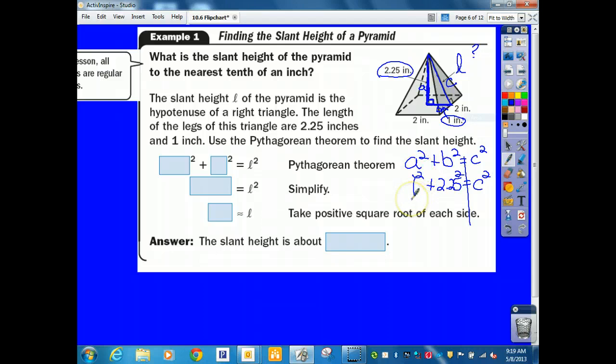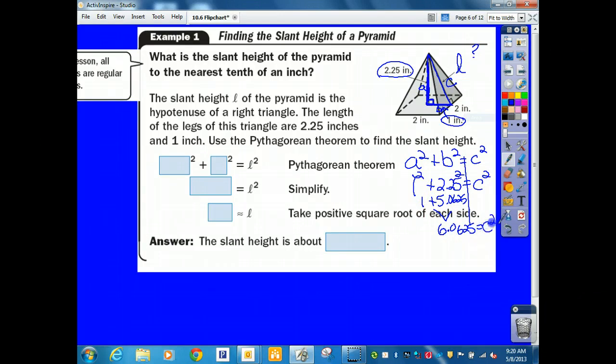What's 1 times 1? 1 plus, now on your calculators, 2.25 times 2.25 is? What do you get? 5.0625.